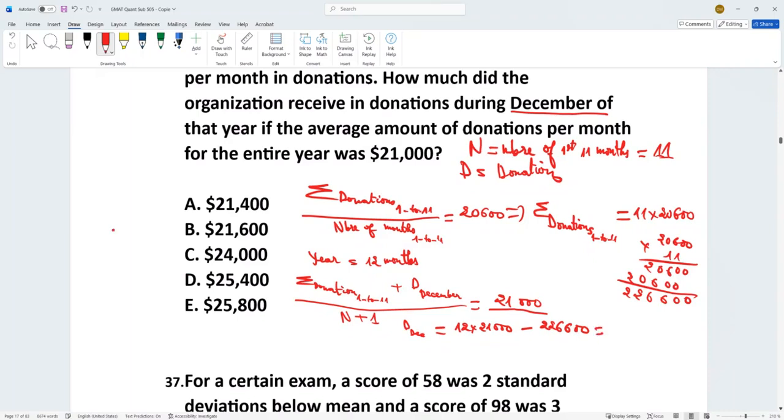If we do the calculation, 21,000 multiplied by 12 is 252,000, and we subtract 226,600.